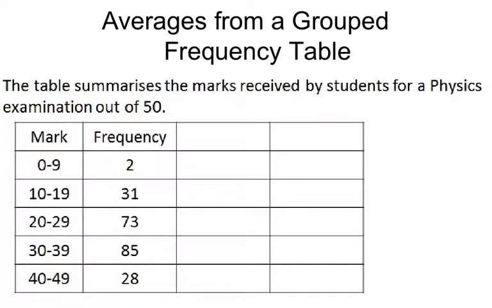But we don't know what marks they had in the 0 to 9 group. So what we do is we use the midpoint of each group as an estimate for all the values in that group. So we assume that both of the values in the 0 to 9 group have the value 4.5.